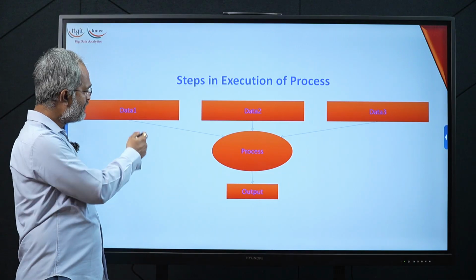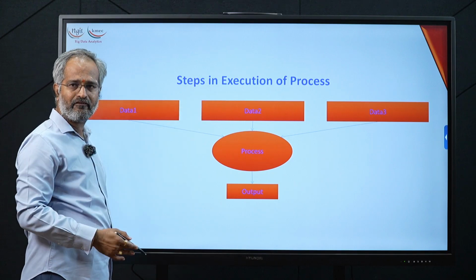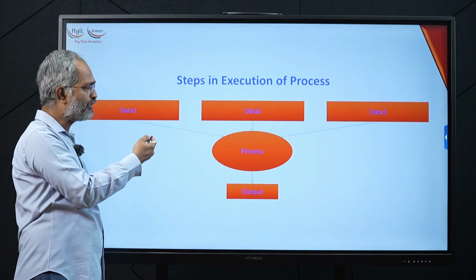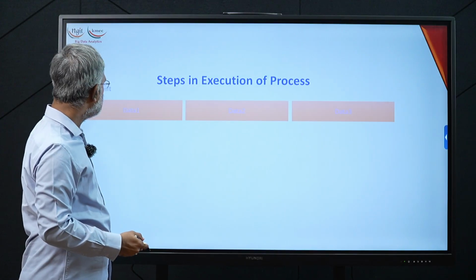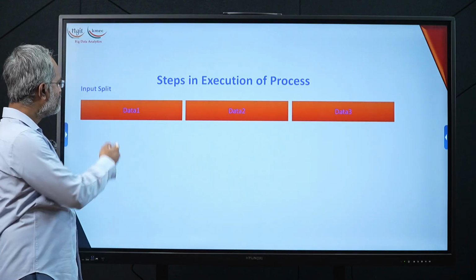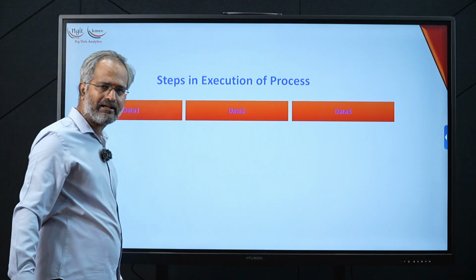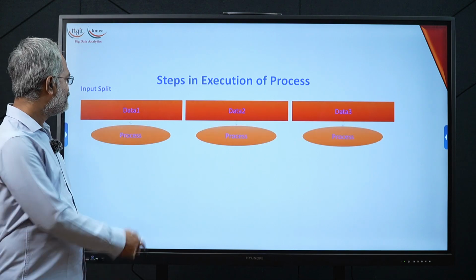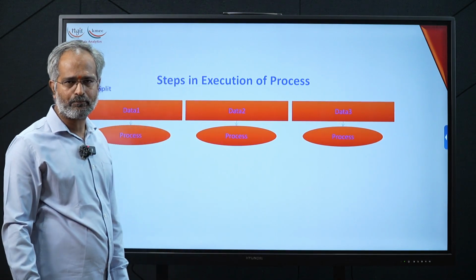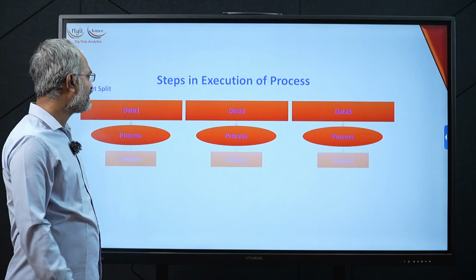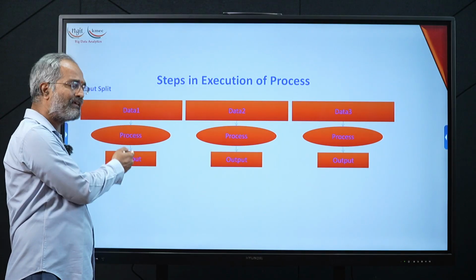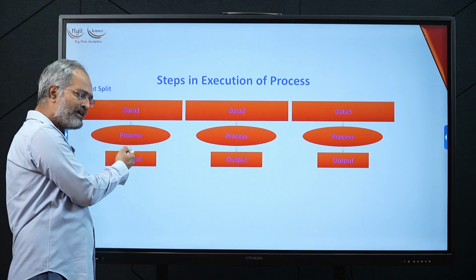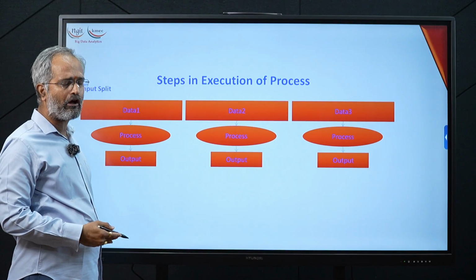As we already discussed, wherever the data is available, for that data chunk or data part, we have to create a separate process. Here there are data splits: data 1, data 2, data 3. For each split we will create a separate process, and that process will be executed on the particular split of the data and produce individual outputs.